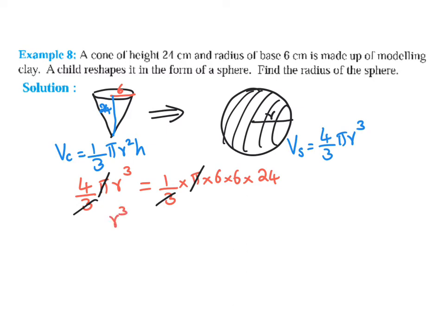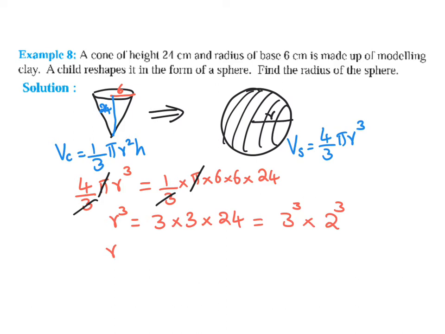r cubed will be equal to 3 times 3 times 24, which is nothing but 3 cubed times 2 cubed, because 24 can also be split.